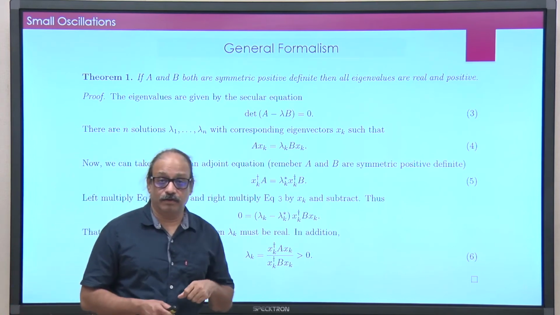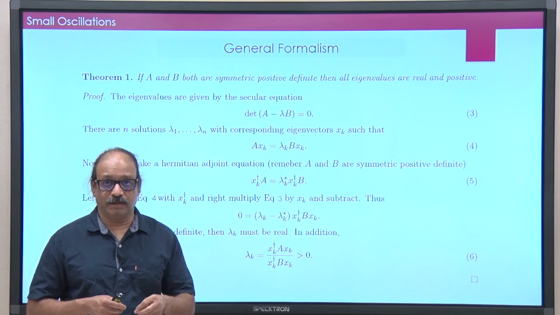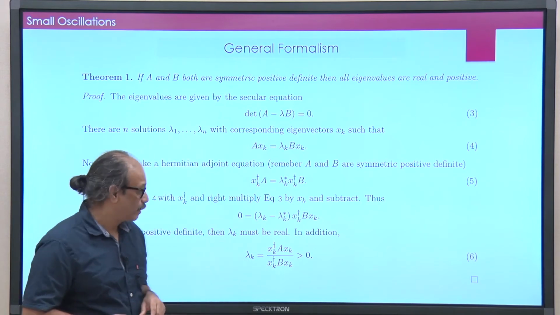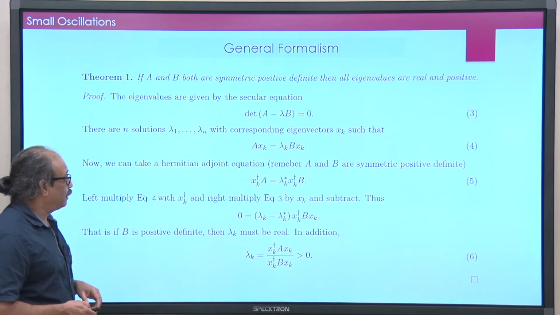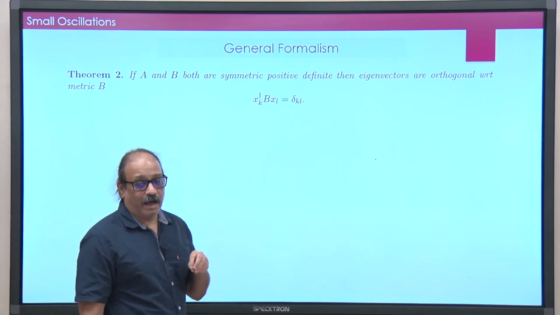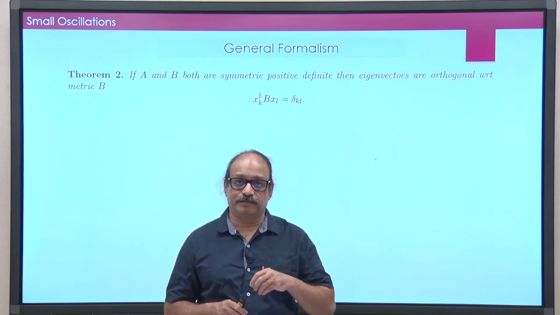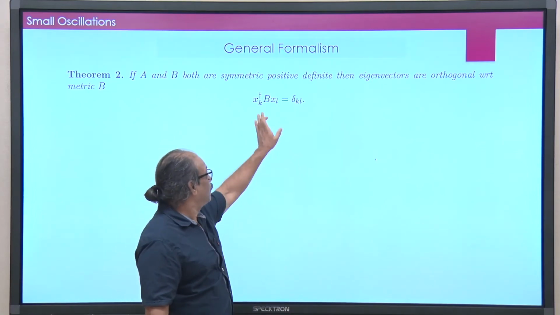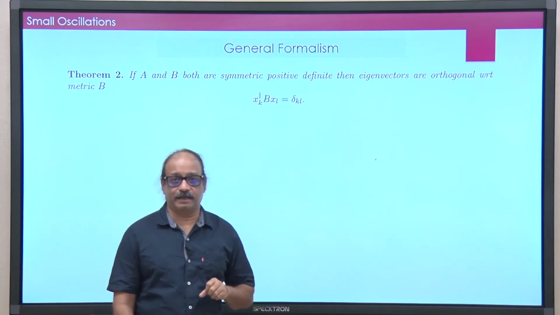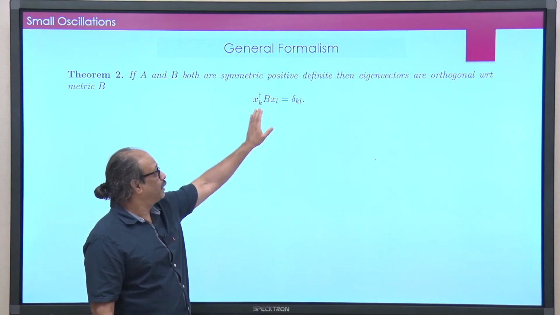So, not only do you have n solutions to the original eigenvalue problem, but all eigenvalues are real. Okay. And in addition, the eigenvectors are orthogonal to each other with respect to the metric or matrix B. What that means is I can always choose the x k matrices, or the eigenvector matrices, to obey an identity like this.